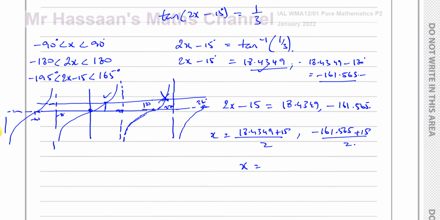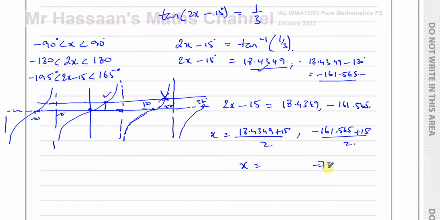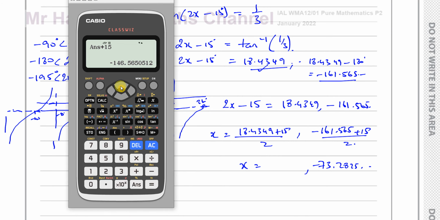So we should get our answers. I've got this one already in here, so I'll add 15 to this and divide by 2. That gives me negative 73.2825. For this angle, I have to add 15 and then divide the answer by 2.